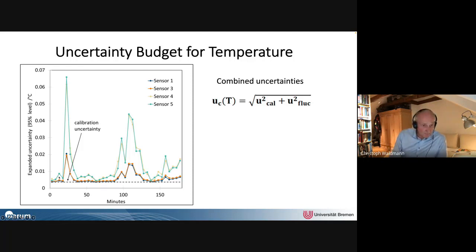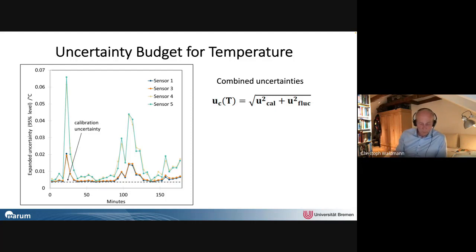And typically, if you see these major differences here between sensor 5 and sensor 3 and sensor 1, it has something to do with the number of measurements that you are taking. So you probably know about the standard deviation of the mean.